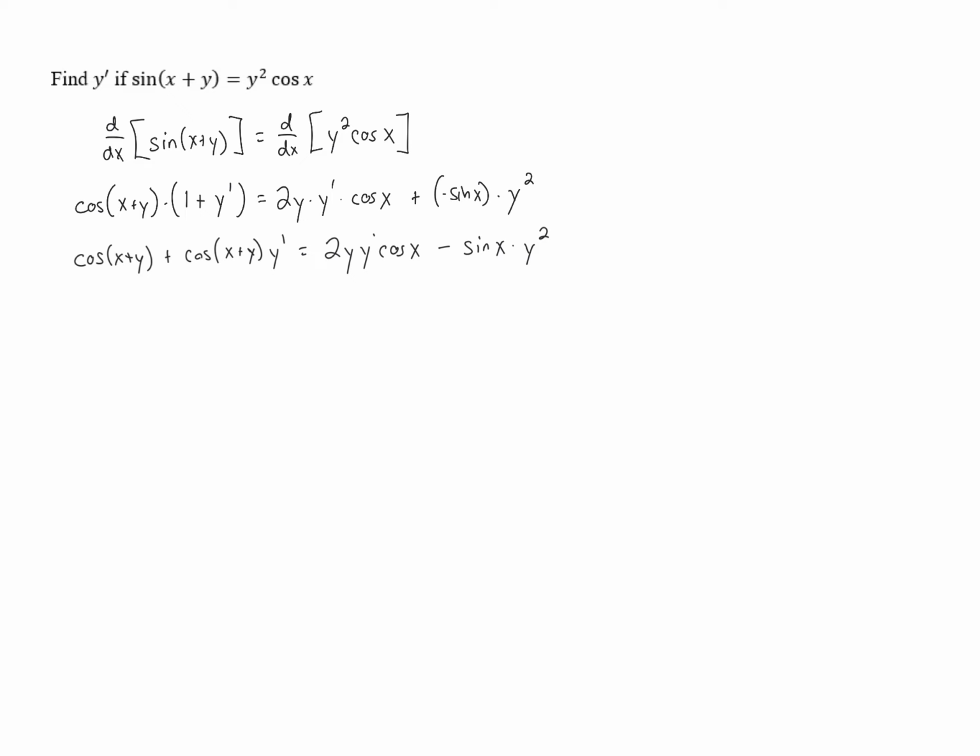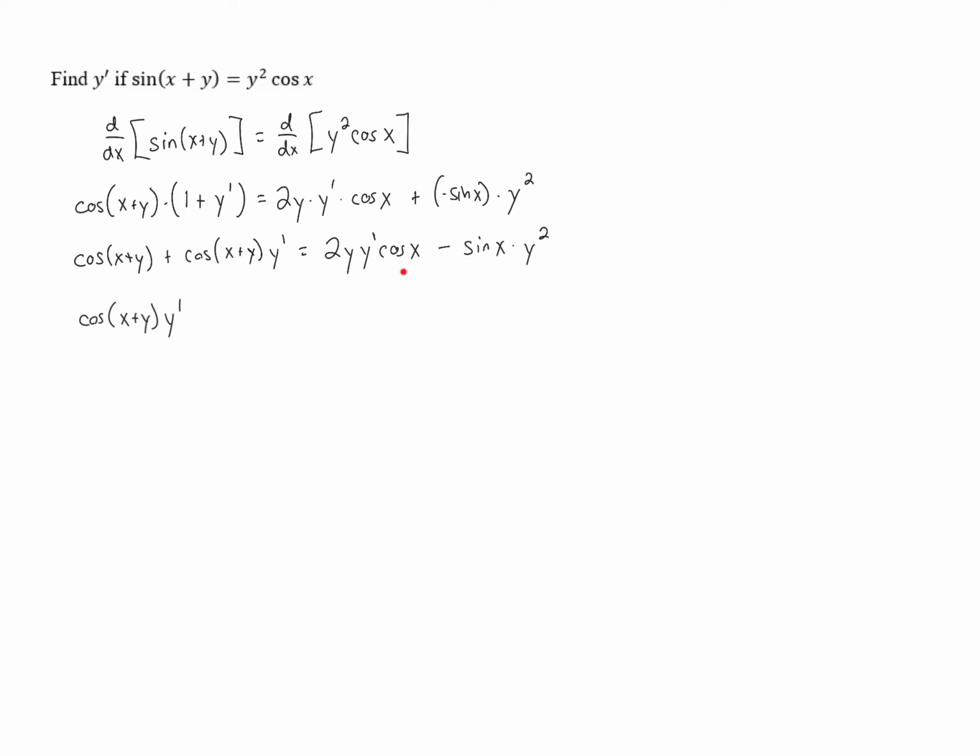Now we want to get all of the terms with y prime on one side and all of the rest on the other. So we can choose to do this either way. Let's get the y primes on the left. So we're going to have to take this term on the right and subtract it to move the y prime to the left. And we're going to have to take this cosine on the left and subtract it to move it to the right. So when we do both of those, this cosine of x plus y times y prime is going to stay on the left.